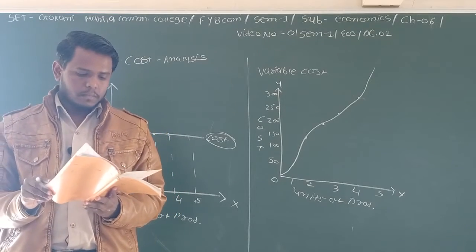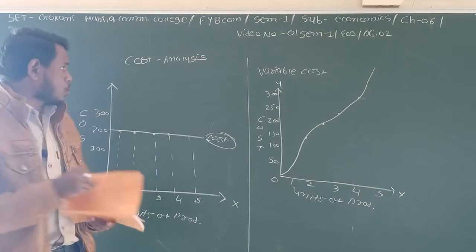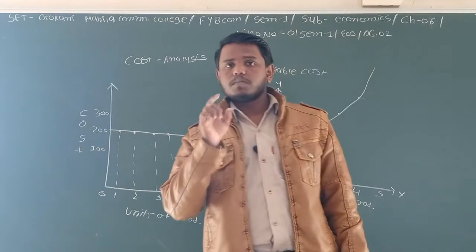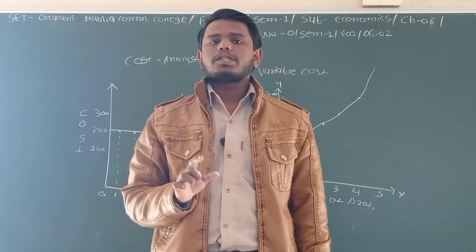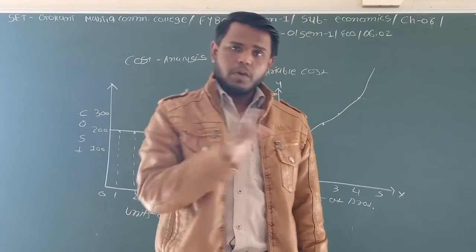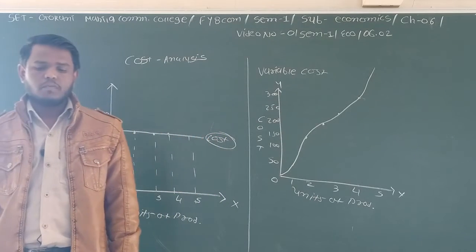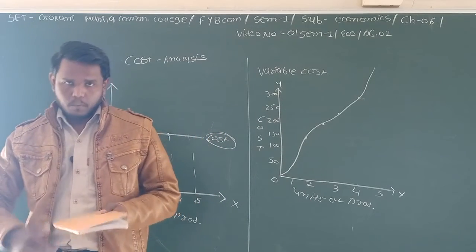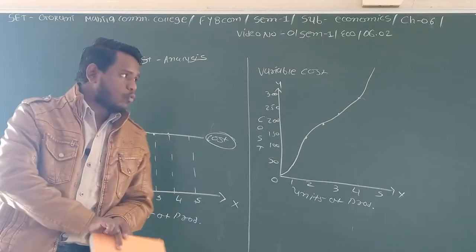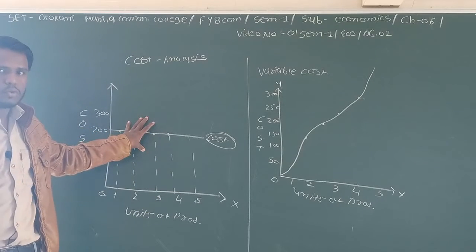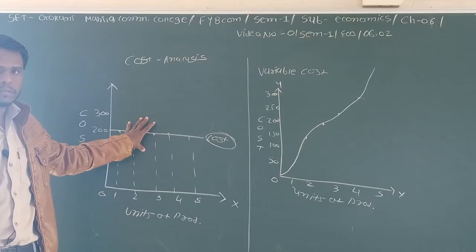Now the third is total cost. Total cost means the combination of variable cost and fixed cost. When in your business organization you produce something, this is the fixed cost. Whether you produce or not, you have to incur these many expenses.